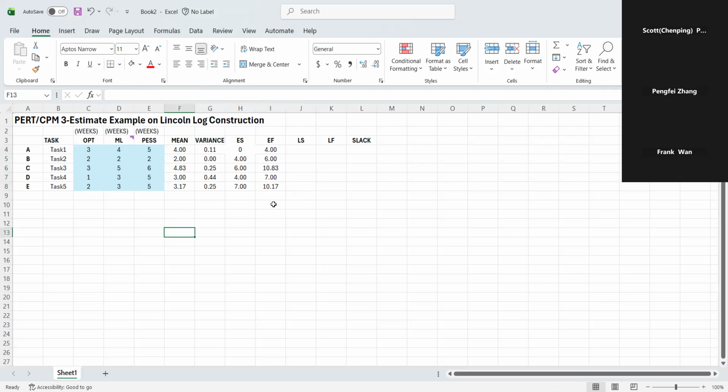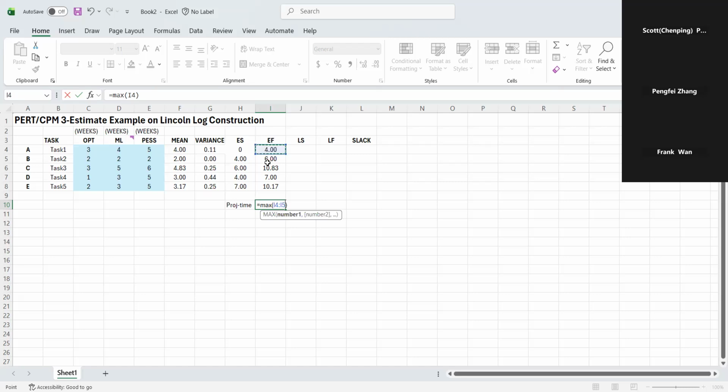Okay, and then the project completion time. Project completion time is going to be the maximum earliest finish time in the forward pass.